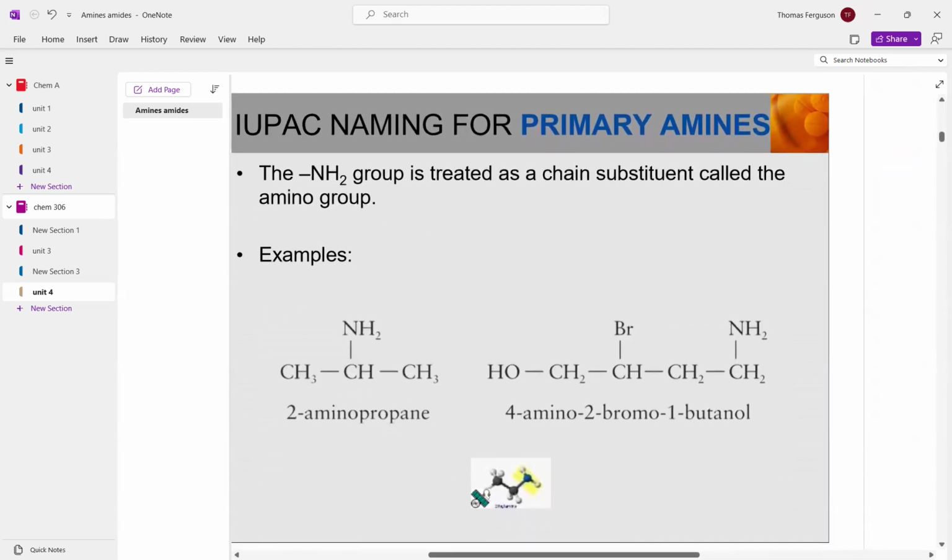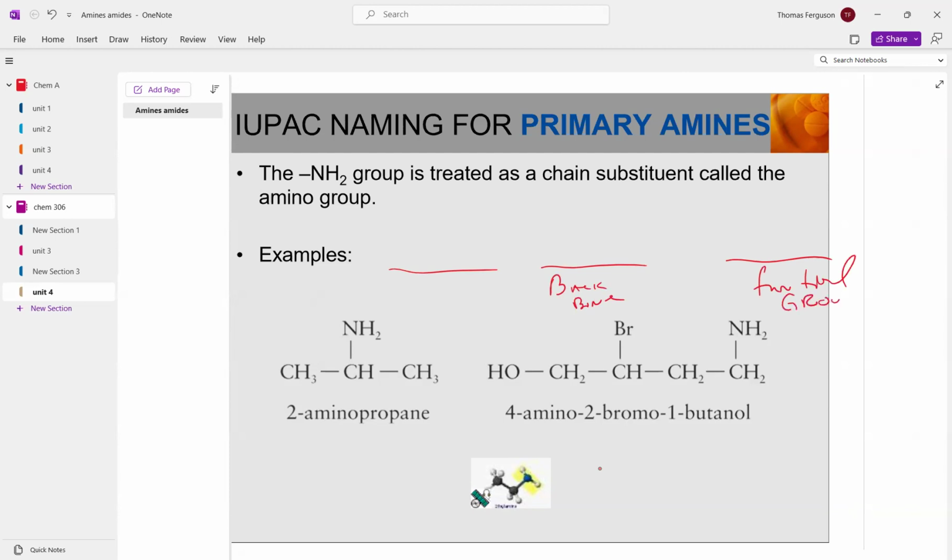IUPAC naming is where the amine is a functional group off of the main backbone. So we go back to the three parts again. We've got backbone, functional group, and then branching. So backbone, functional group, branch.